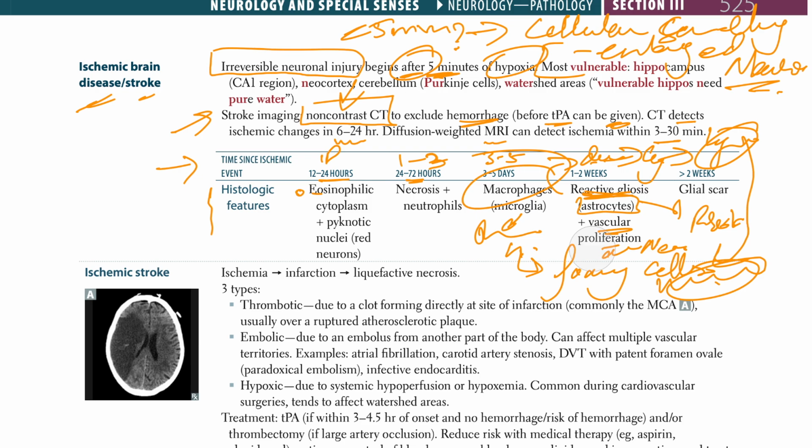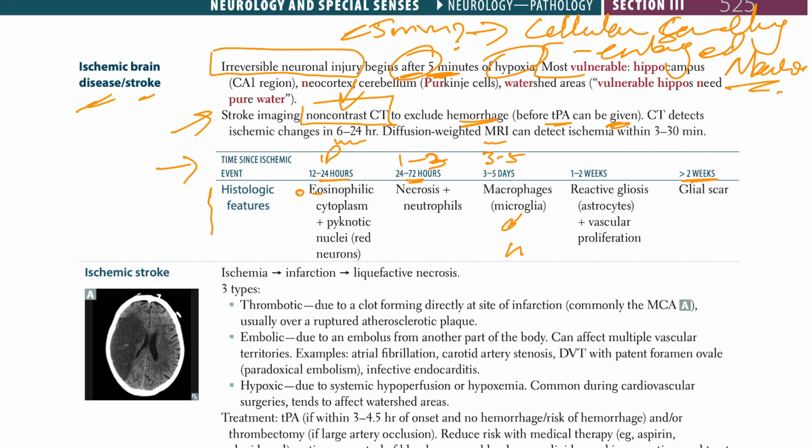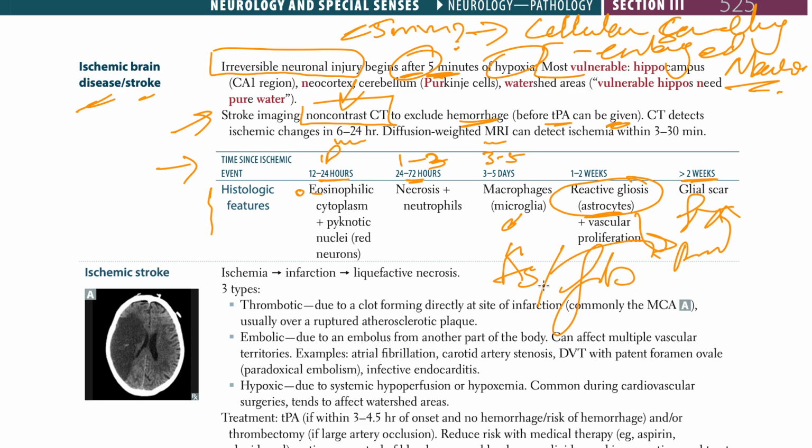After 2 weeks, important high yield, there's going to be a glial scar formation, right? And that is again done through which process? The reactive gliosis, which was done through astrocyte proliferation. So they proliferate and make a scar. Think about astrocytes as the fibroblasts.